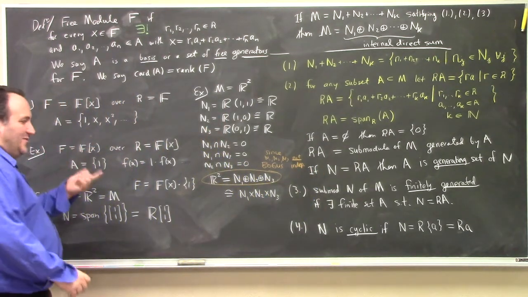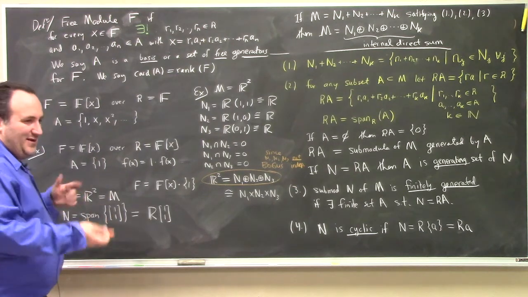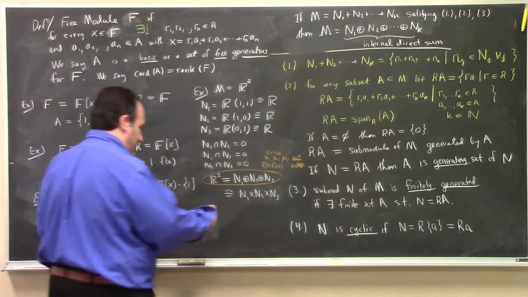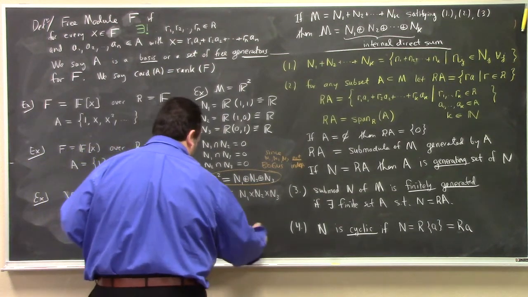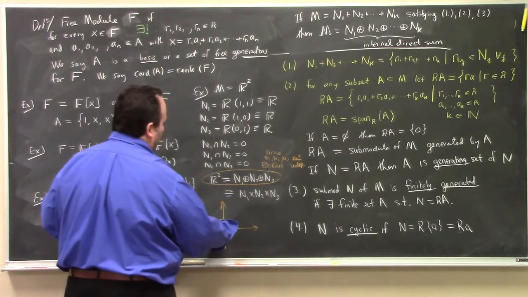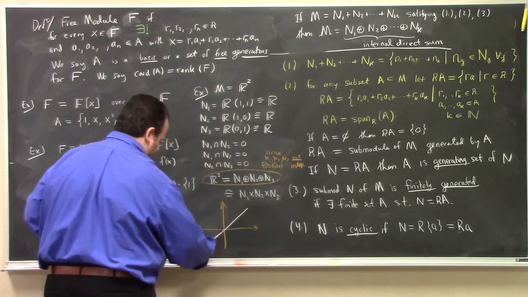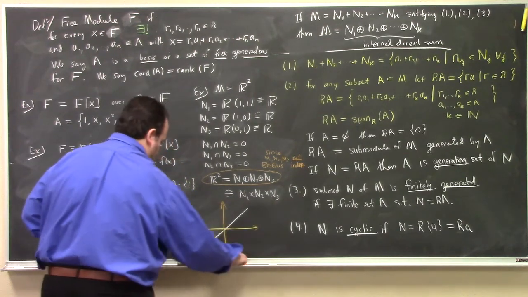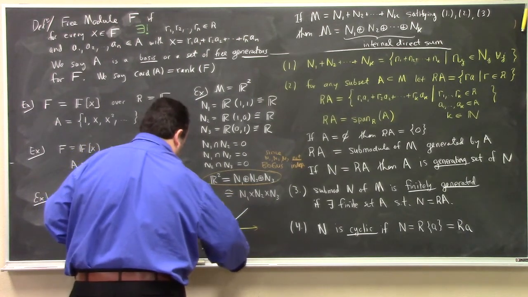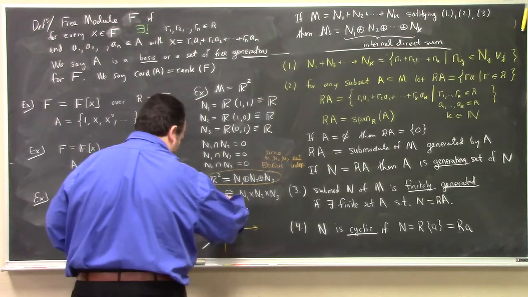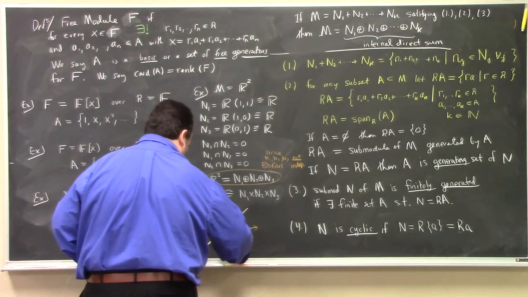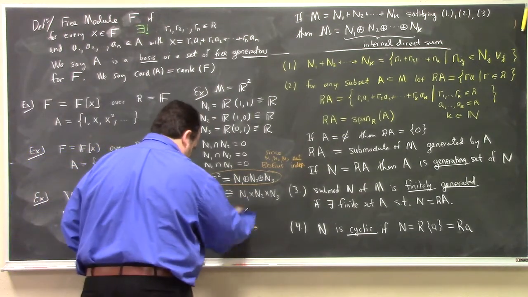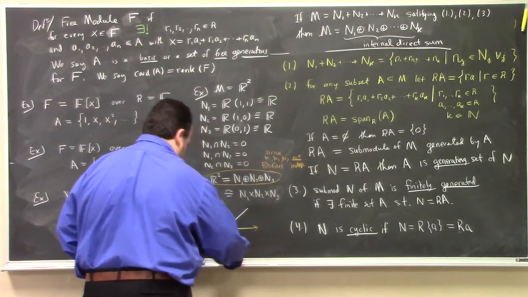And see, what happens if you add any two of these? Here's a picture. N1 is this line, right? N2 is this line. N3 is that line.